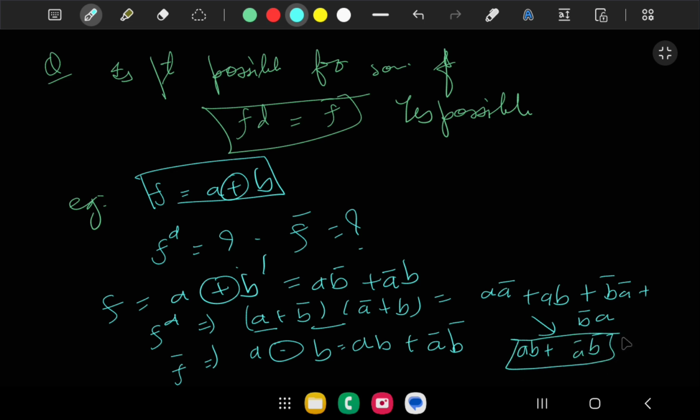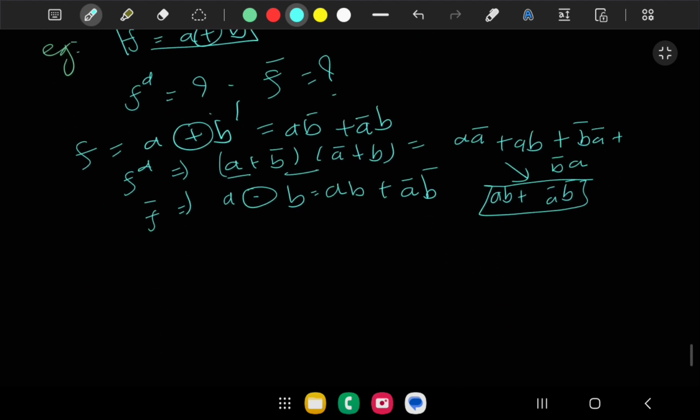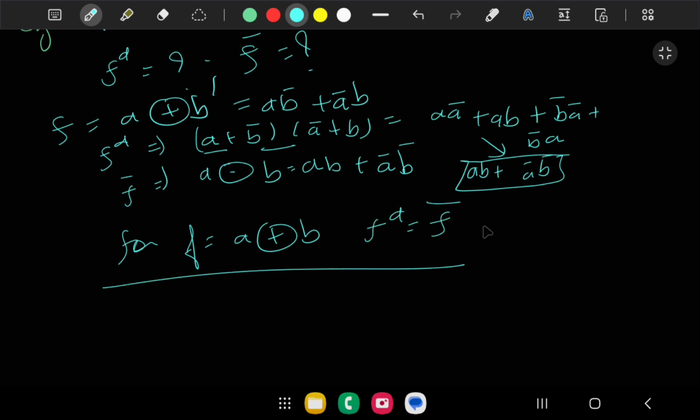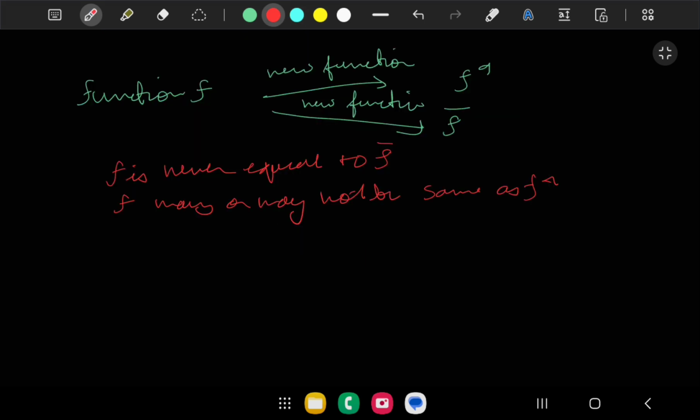So for this function, f dual equals f complement. It is always true. So remember this thing, that for a function, f is never equal to f complement, but f can be the same as f dual, right?